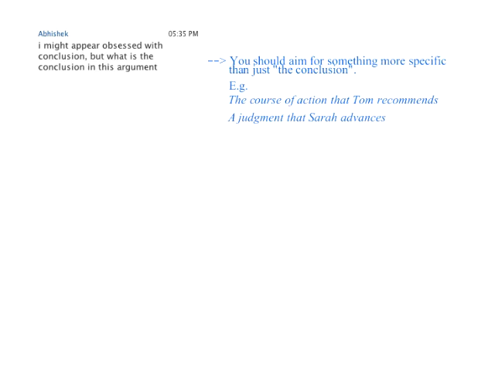Or if it's something we're trying to explain, Eric's explanation for an observed phenomenon. These are just three of many, many examples. But the point is that there are lots of different kinds of conclusions in the world.